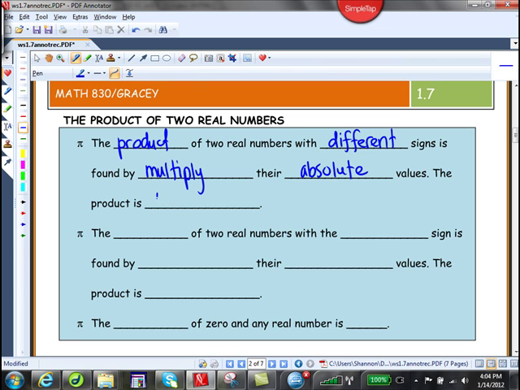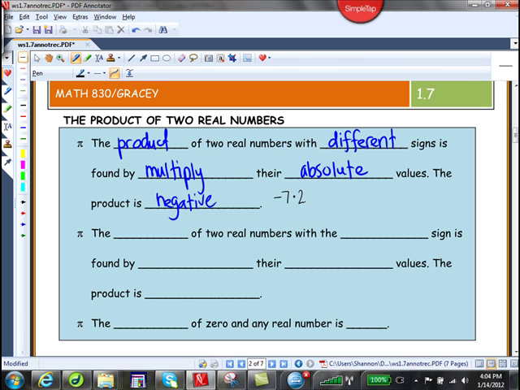The product is negative. Now, the reason for this, if you think about, suppose we have negative 7 times 2.